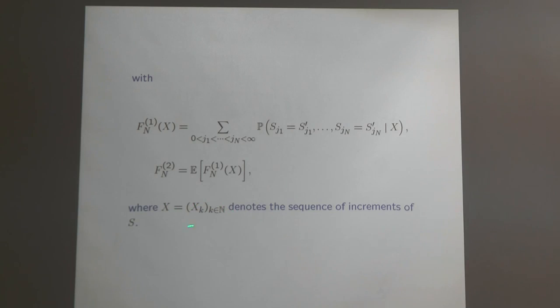And so the steps of the walk S, I can think of as a sequence of letters where the alphabet is just the d-dimensional integer lattice. So I can think of the increments of my walk as generating an infinite letter sequence, which are just the sequence of steps.